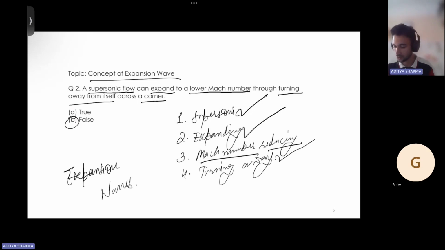So this is the odd one out. Had the question said that it is increasing, nothing would have been wrong in it. But as the question says that the Mach number is lowering, that is not true. So the correct answer is false. So Jen is correct.